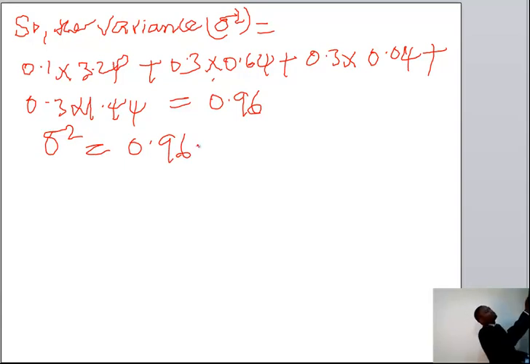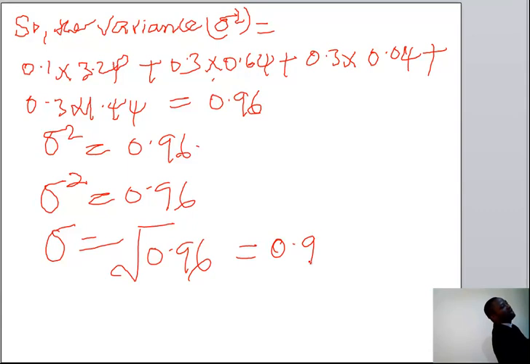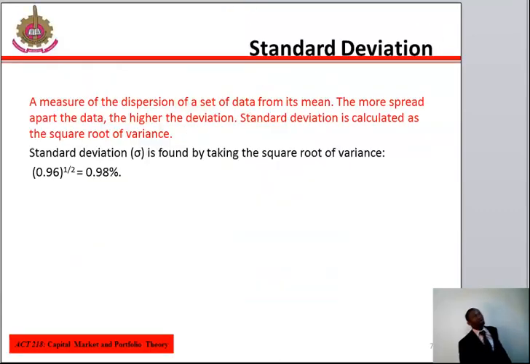When you want to get your standard deviation, this is very simple. Just do the mathematical expression. The standard deviation is the square root of the variance, 0.96, which is equal to 0.98.